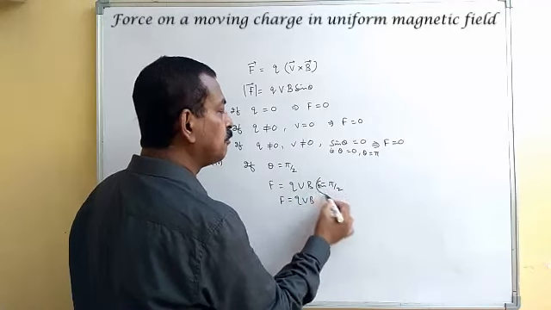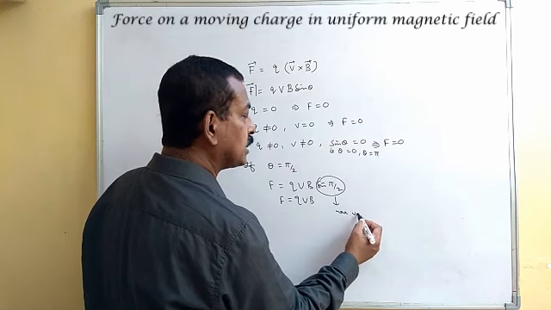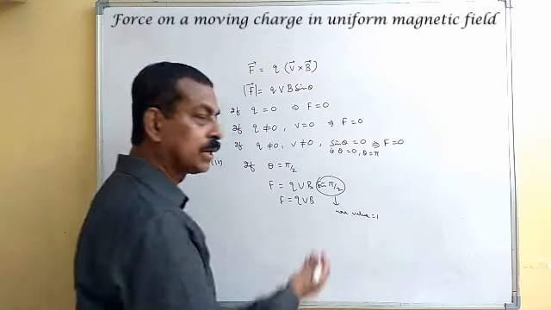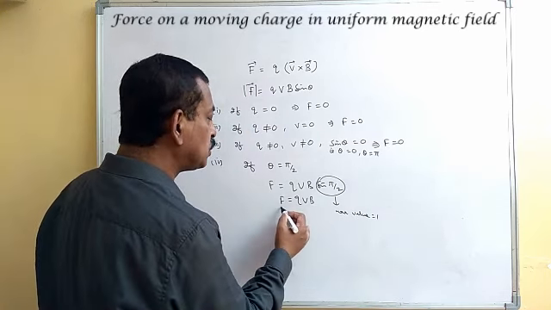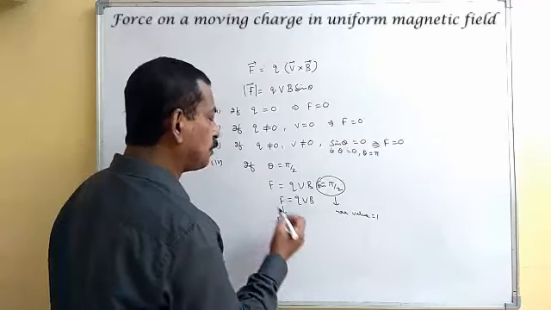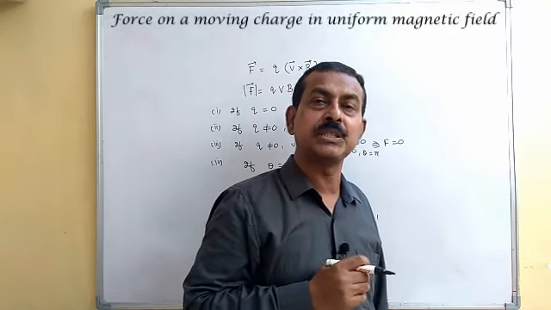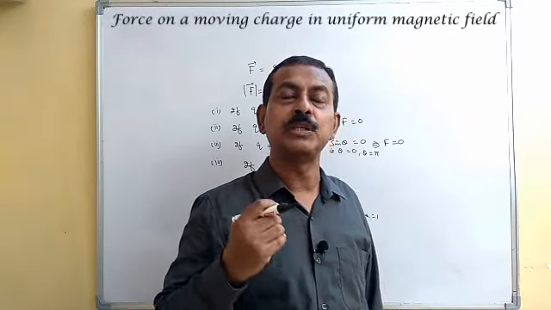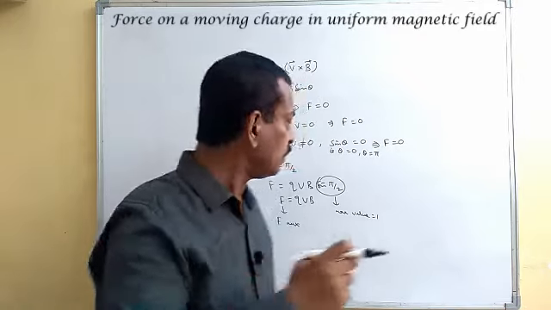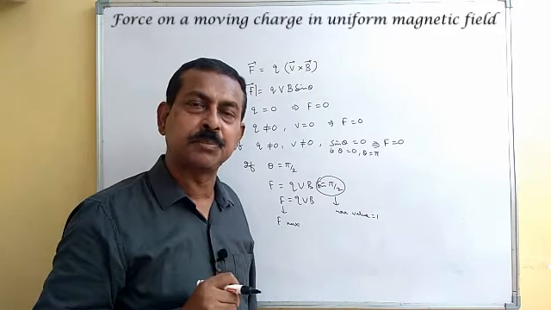Remember, the maximum value of sine is 1. So here also this will give the maximum value of force. So we will have maximum force experienced by a charged particle when theta is pi by 2.